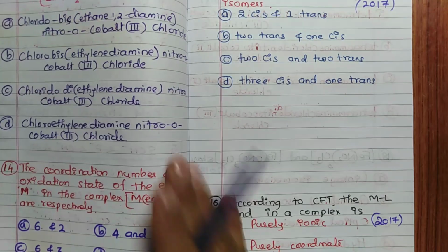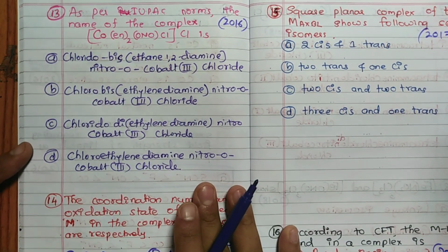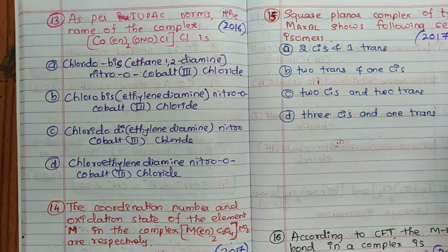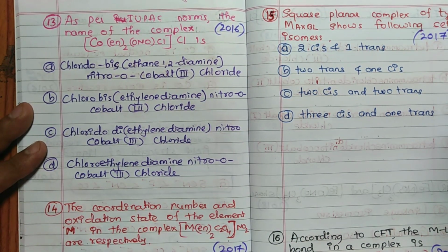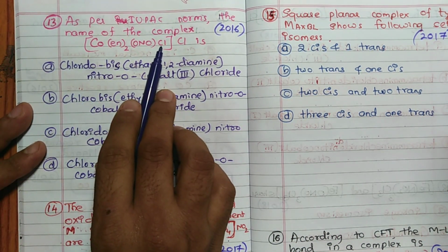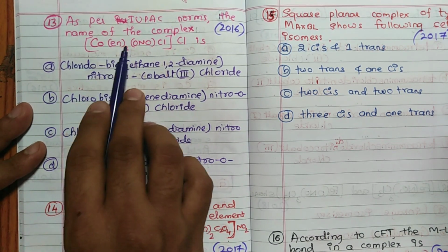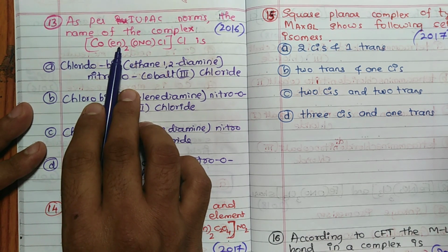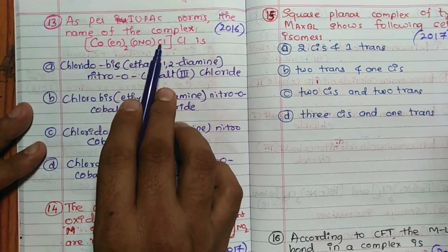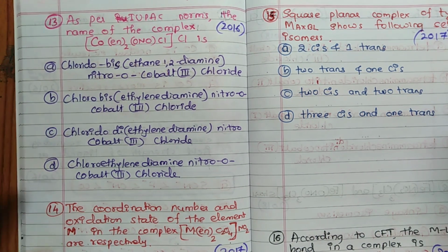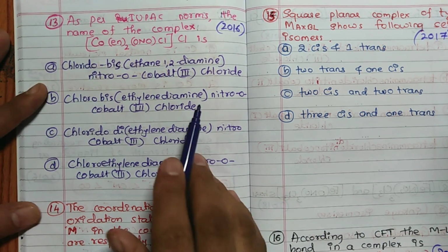Remember that. Then the 13th, IUPAC nomenclature. Very simple. As per IUPAC norms, what is the name of the complex [Co(en)2(ONO)Cl]? Outside the coordination sphere, Cl is there. Don't look at the options yet. Chlorido. Here nitro. Here en, ethylene diamine or ethane-1,2-diamine. First is C, alphabetical order: chlorido. In all cases, it is chlorido. Chloro is not correct; it is wrong.